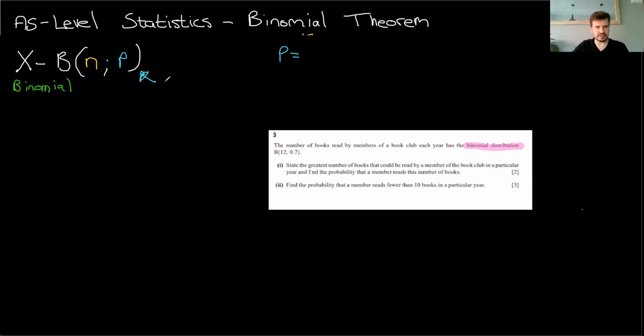So this is your success. And N is your trials, your number of trials or number of times you perform something. In this case, the number of books.